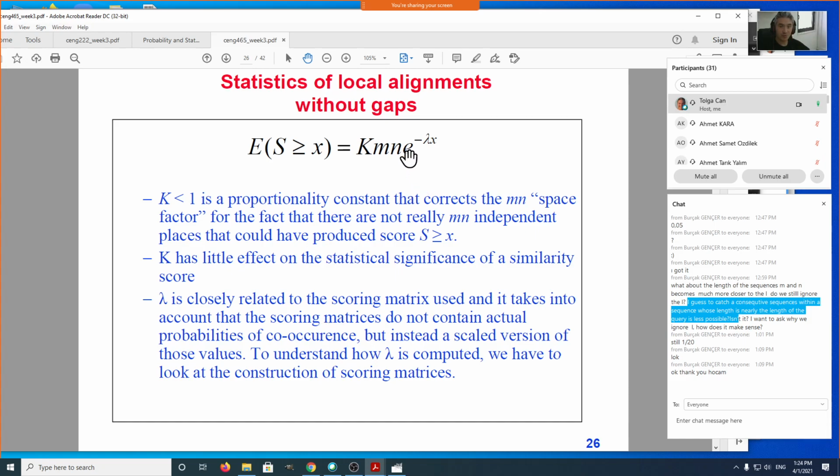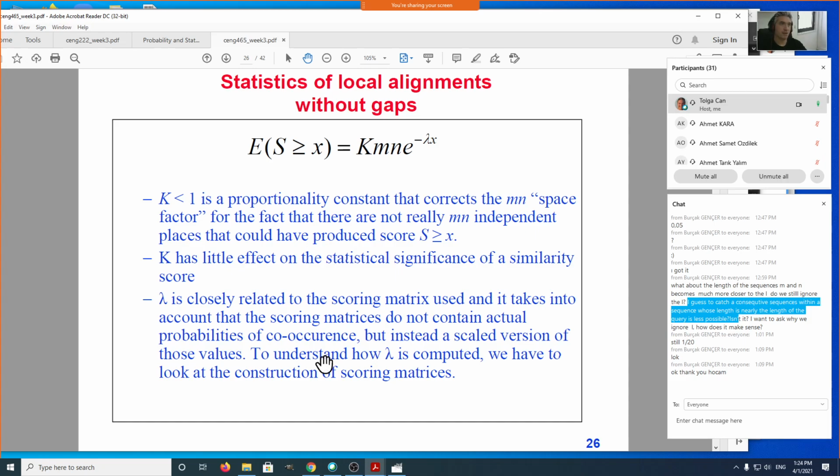If they were likelihood ratios, we would directly be able to use 1 instead of lambda here. Instead, they are not actual probabilities of co-occurrence, but scaled versions in order to make the likelihood turn into integer scores. The developers of those scoring matrices multiplied those numbers by some constant.